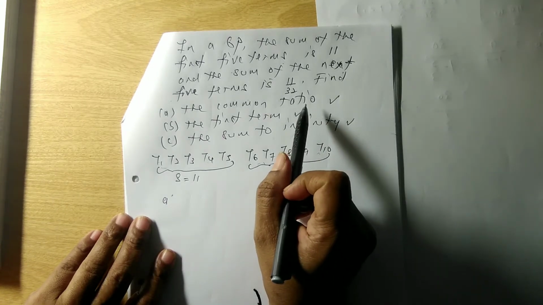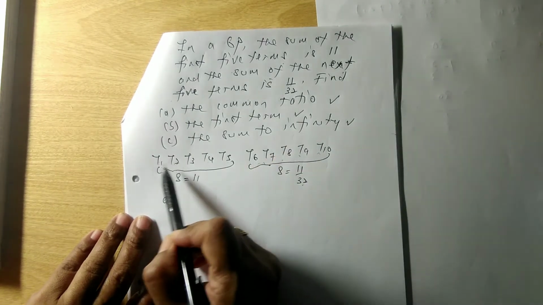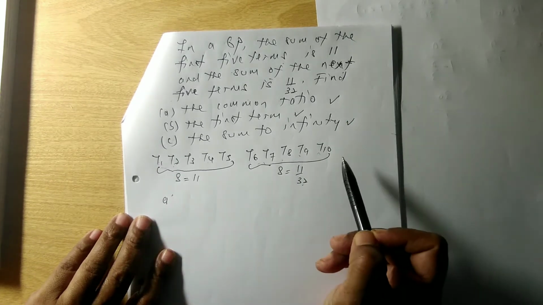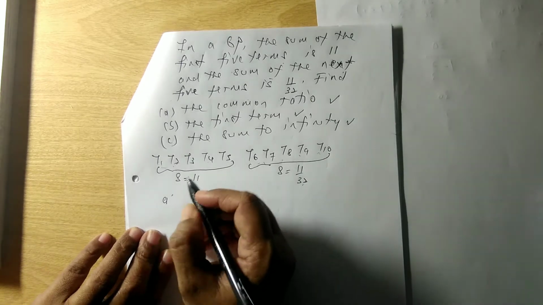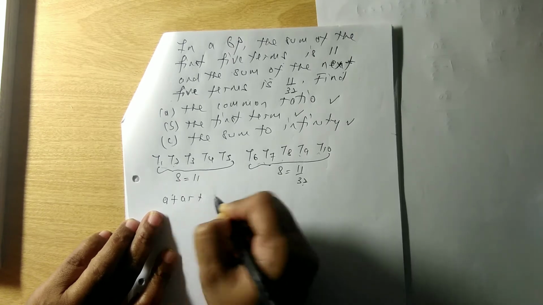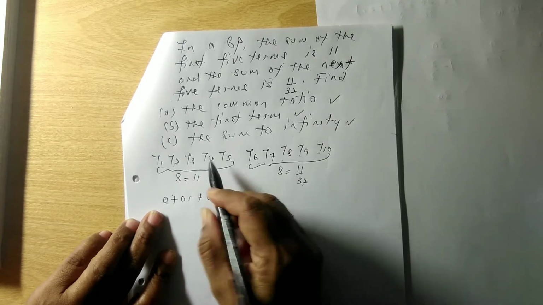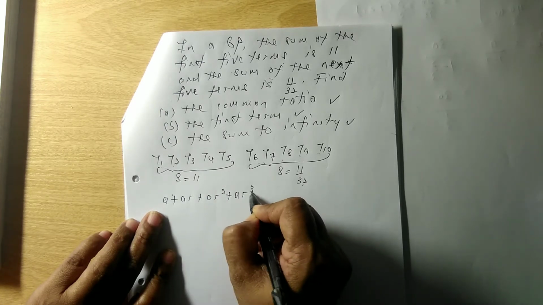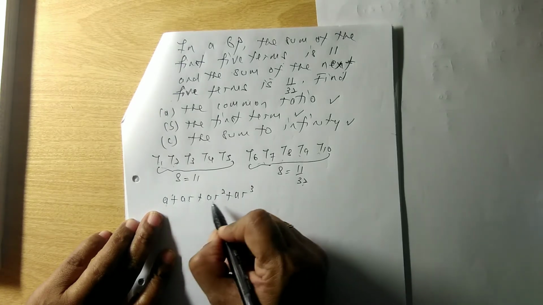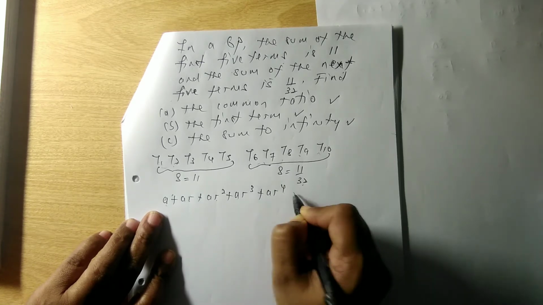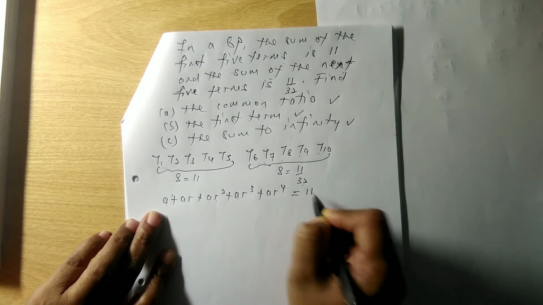Therefore I'm going to assume that T2 is less than T1, T3 is less than T2, and so on. So the first term is A, the second term is AR, then AR squared, AR cubed. So this is 1, 2, 3, 4, 5. This equals 11.